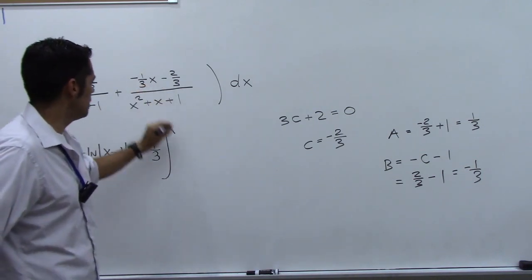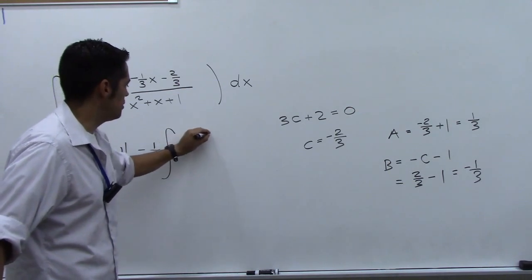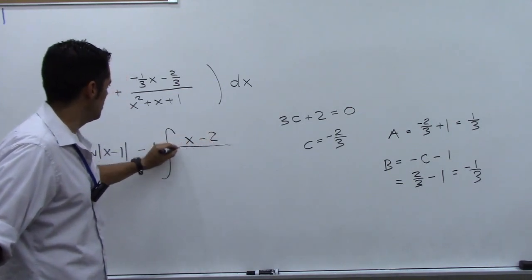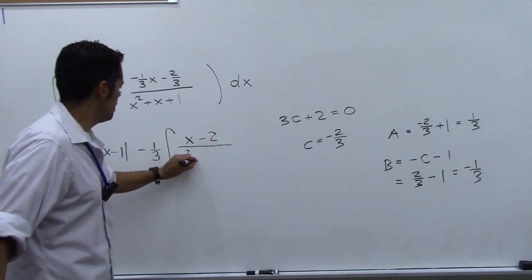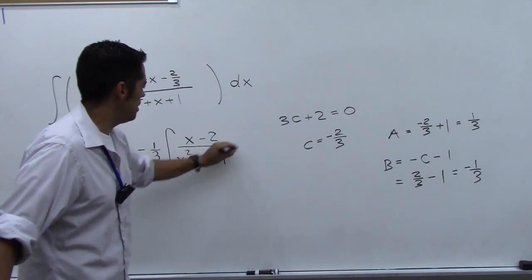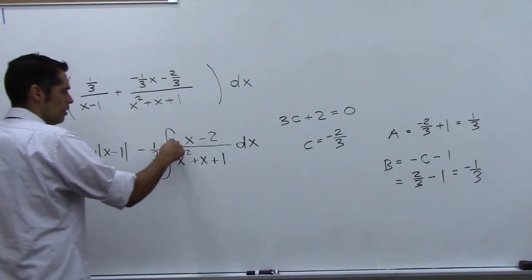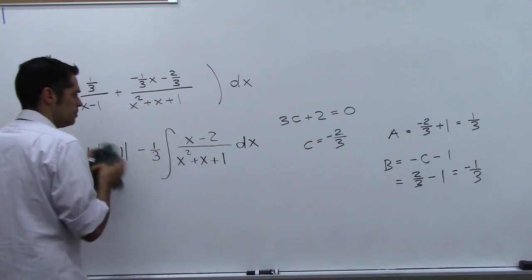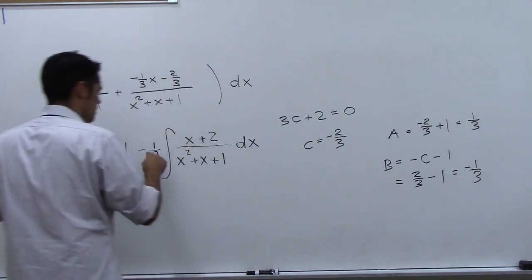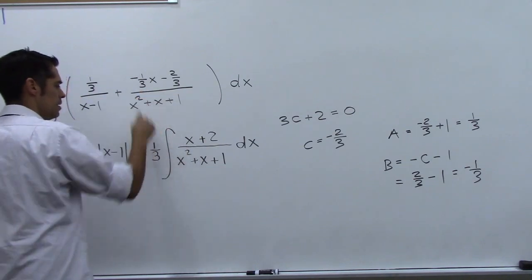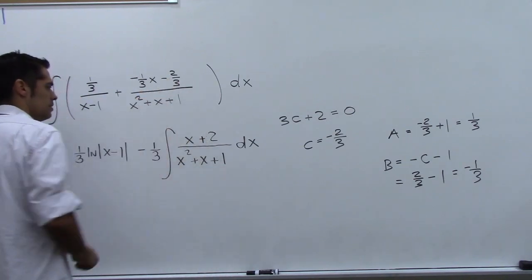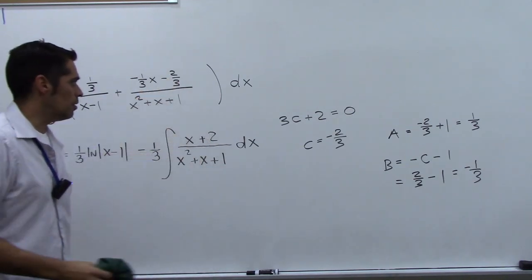When I pull the negative 1/3 out, I'm left with x minus 2 all over x squared plus x plus 1 dx. So just check, if you multiply negative 1/3 here, and then, oops, this is plus. Here to here, you get this, and then here to here, you get this. That's just a little easier to work with.